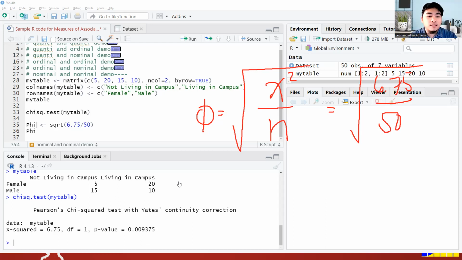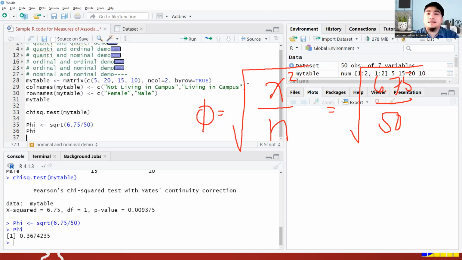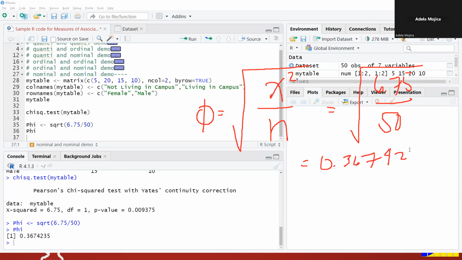So, equals, ang sagot po dyan ay 0.3674235. And to interpret it, kung maaalala nyo, pasok na po yan sa moderate.